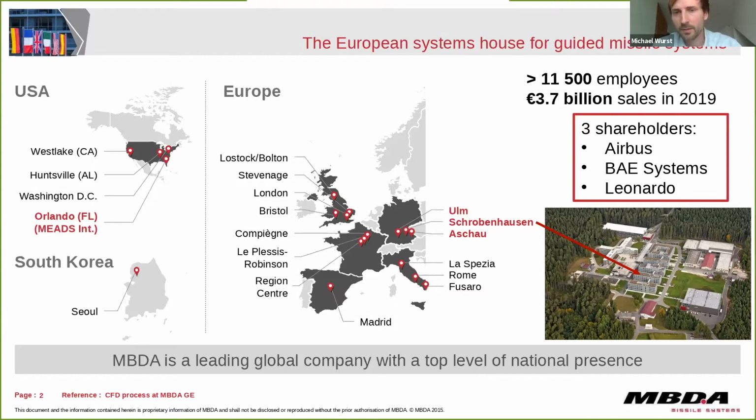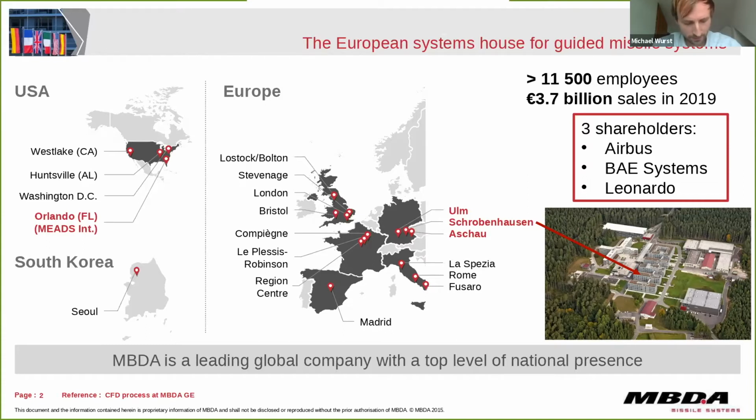I myself am in the missile design or missile pre-design department, where we do the pre-design of missiles and also aerodynamics and CFD. Of the 20 people who are working there, 3 people are doing CFD or aerodynamics permanently, but 6 more people have a strong background in CFD and aerodynamics. And I'm one of these 6 guys.